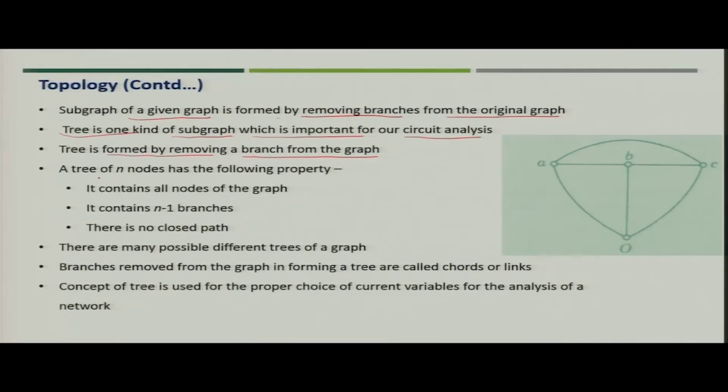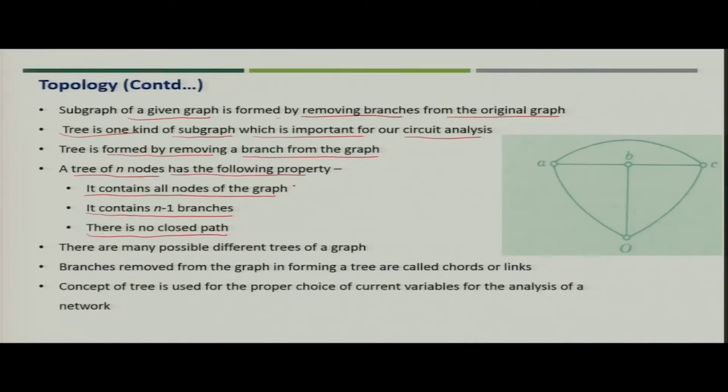What are those properties? Suppose there are n nodes in a particular graph, and we are creating a tree containing all the n nodes. Then it will have the following properties. It will contain all nodes of the graph, it will contain n minus 1 branches, and there will be no closed path.